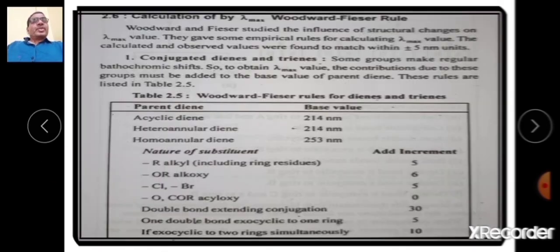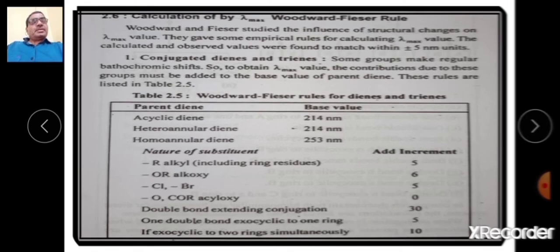Now, Woodward-Fieser rules for calculation of lambda max values of conjugated dienes and trienes. When the parent diene is acyclic diene, as we have just seen, the base value is 214 nanometer. When the parent diene is a heteroannular diene, again the base value is 214 nanometer.